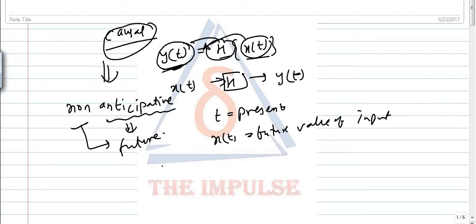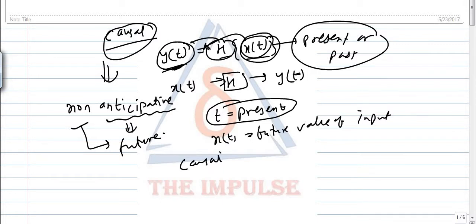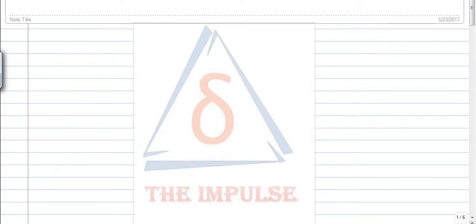I can say it in a different way: if for any present value of t my output depends upon the present value or the past value of input, then the system H is called a causal system.